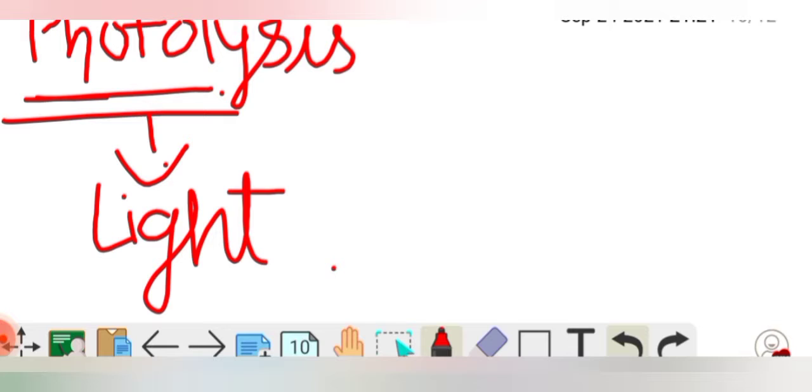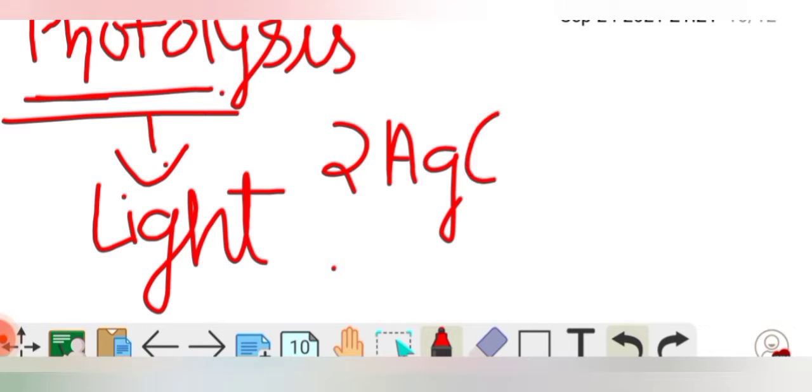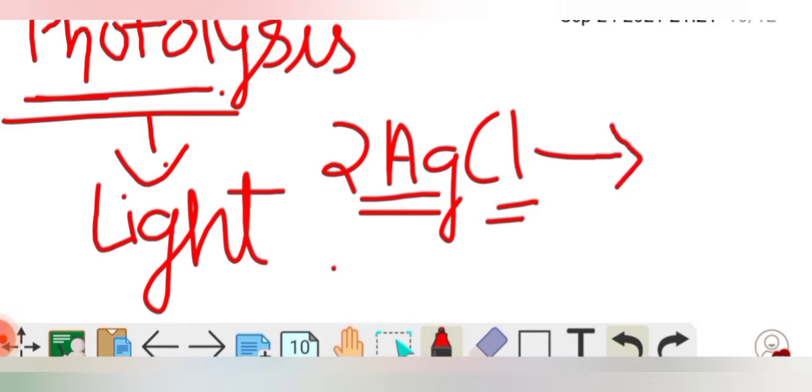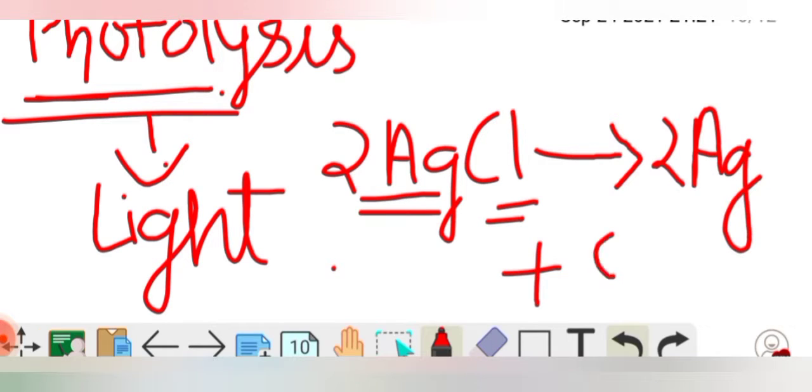Let's go through the example: 2AgCl, this is silver chloride. Ag is silver and this is chloride. When silver chloride is in the presence of sunlight, it forms Ag, which is silver, plus chlorine, Cl2.